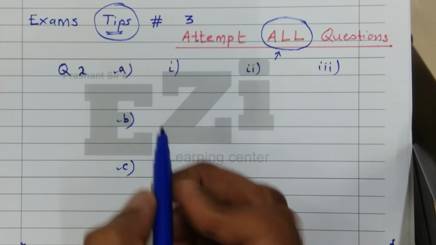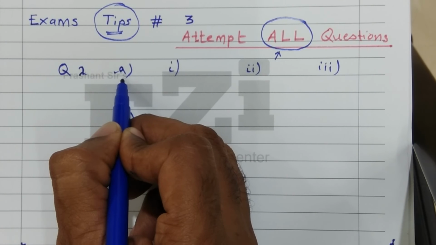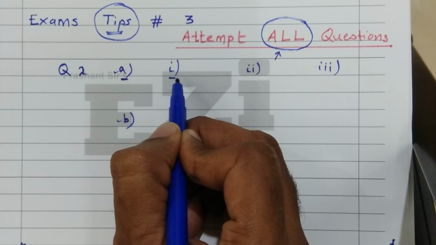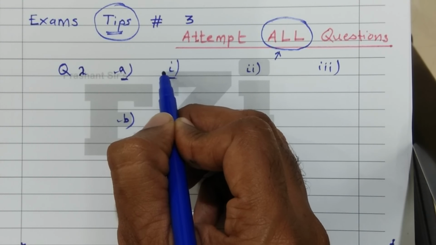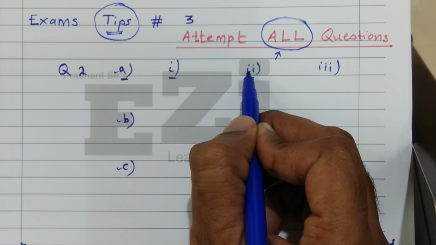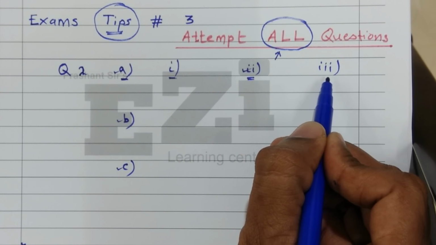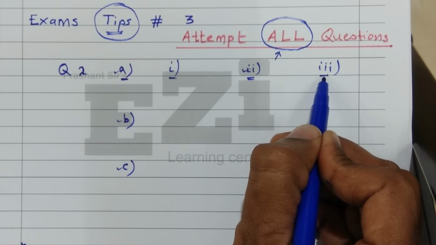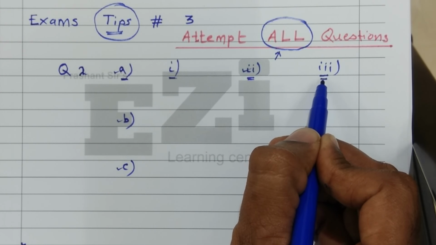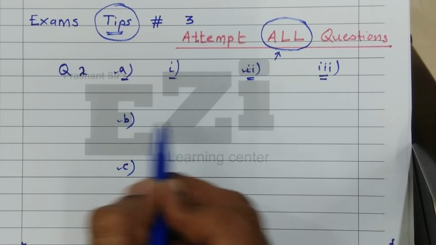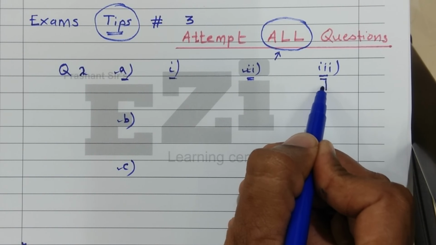Generally what happens, student, is that whenever you start 2A, you do subpart number 1, you do subpart number 2. But sometimes whenever we are rushing in our paper, we tend to miss these questions.